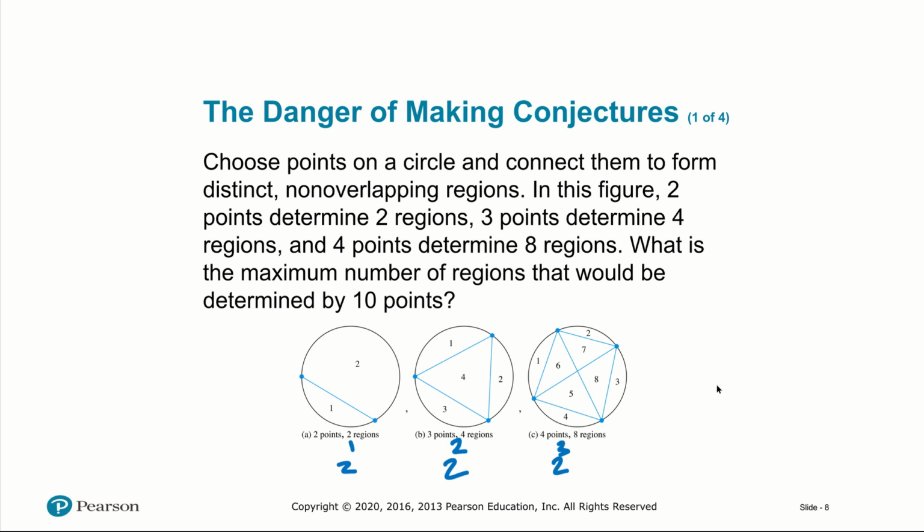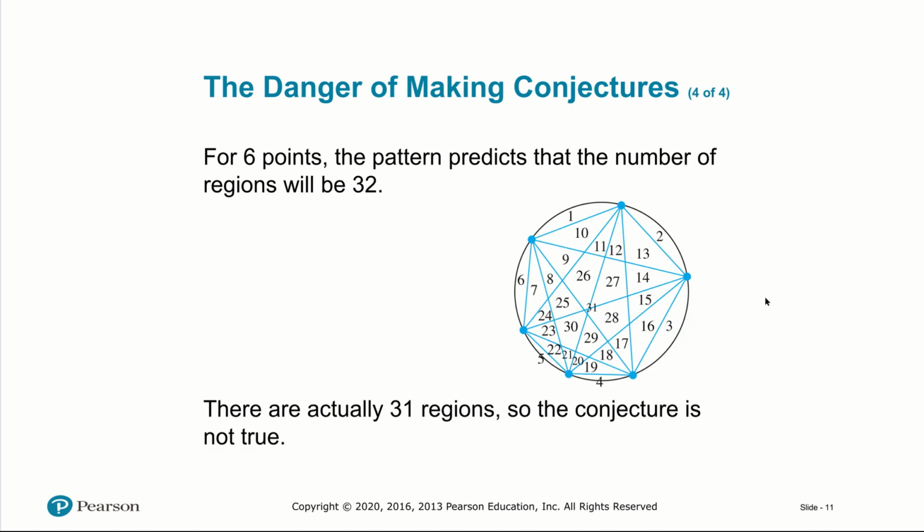However, if we continue, and we don't even need to go that far to find a counterexample, because if we just go to 6 points, now this is quite elaborate, so you have to be careful and label these very carefully and methodically. Notice 1, 2, 3, 4, 5, 6.